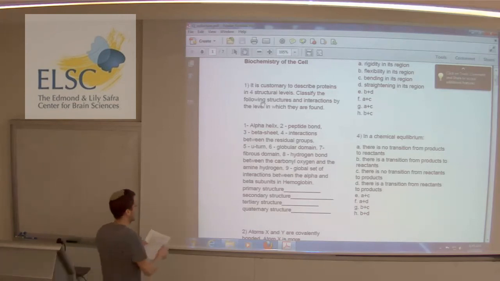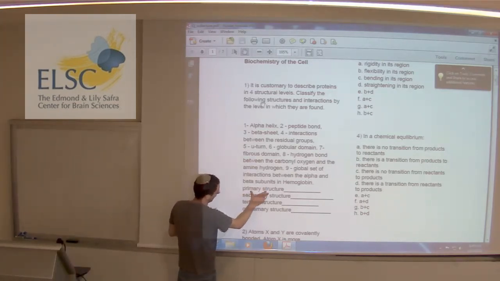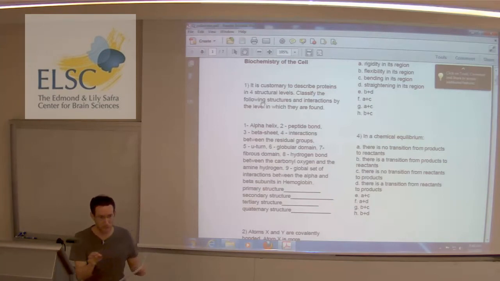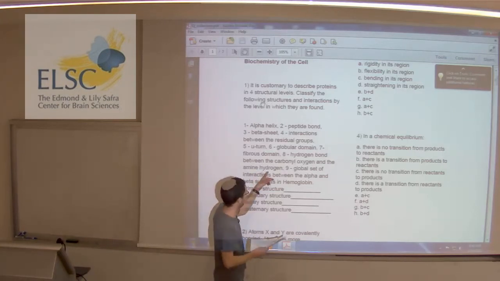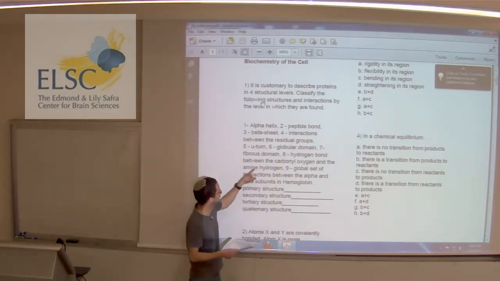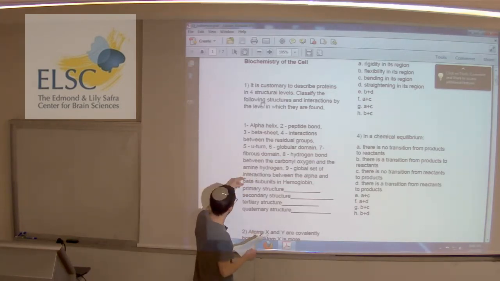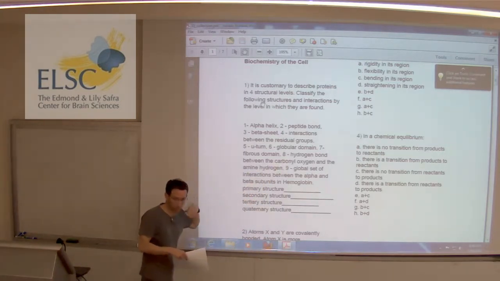Which of these structures, substructures and interactions are defined as part of the primary structure? 2 is correct. 8 is what? It's only 2 here. So 8 is the hydrogen bond between the carbonyl oxygen and the amino hydrogen. So this is the bond that stabilizes beta sheets and alpha helixes also, actually, right? So this is 8. It's not part of the primary structure.